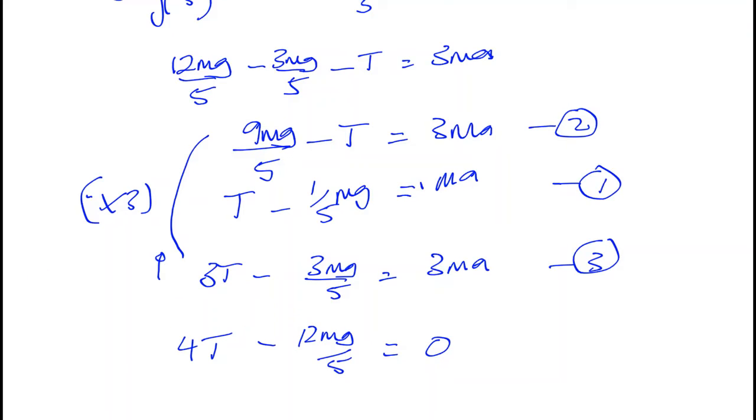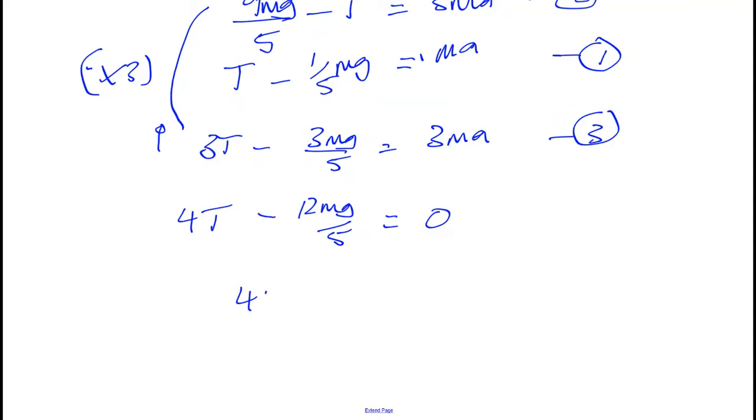And then I can find the tension. I'll have 4T is equal to 12mg over 5. So T, dividing by 4, you'll end up with 3mg over 5.